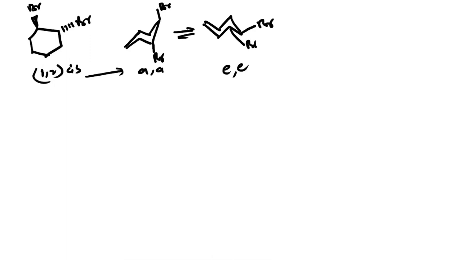To answer this problem, you can simply choose the second one as the most stable because you cannot see diaxial interactions as we see for the bromines which are axial in conformation A. So simply we can go with B as the most stable conformation for 1, 2 cis dibromocyclohexane.